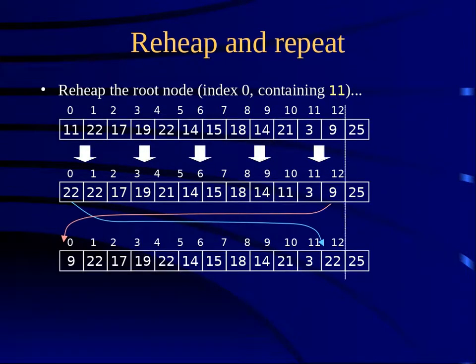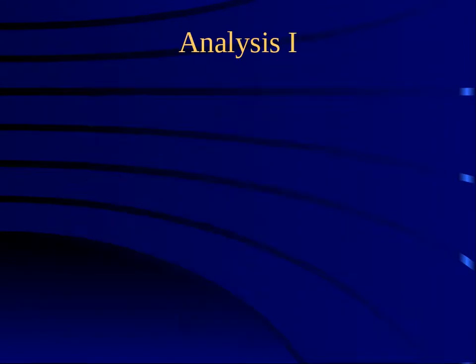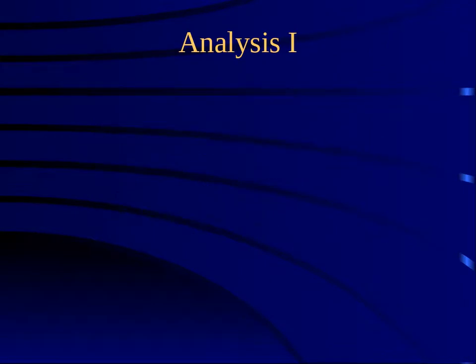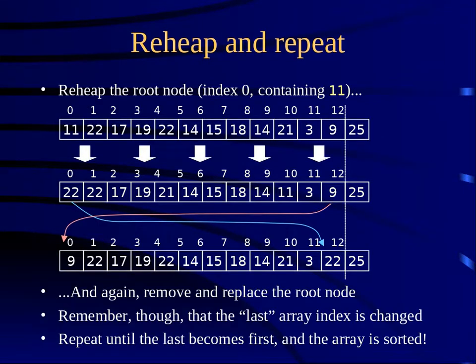Yeah, reverse order. And then it's going to keep doing it. And it doesn't actually show you. Okay, if you kept doing this, next you'd swap the 22 and the 9, and then you sift down the 9, and you keep repeating it until all the elements, from 25 all the way down to the lowest, are sorted.